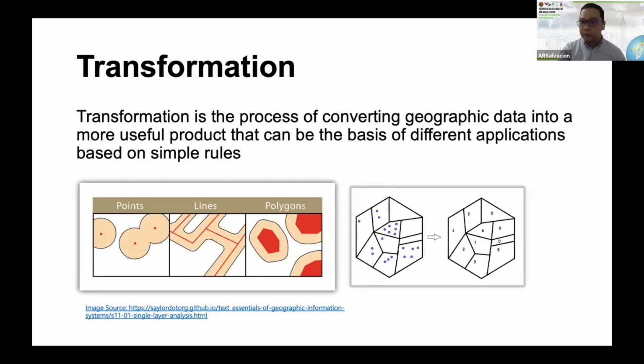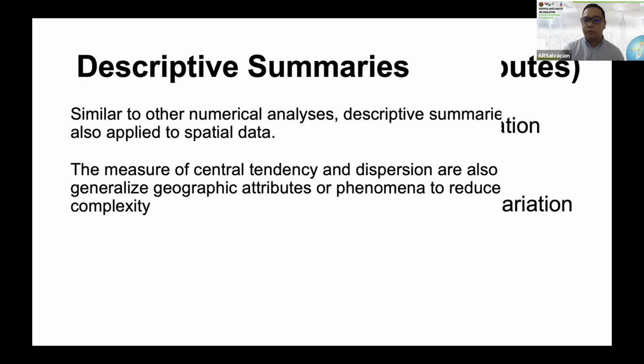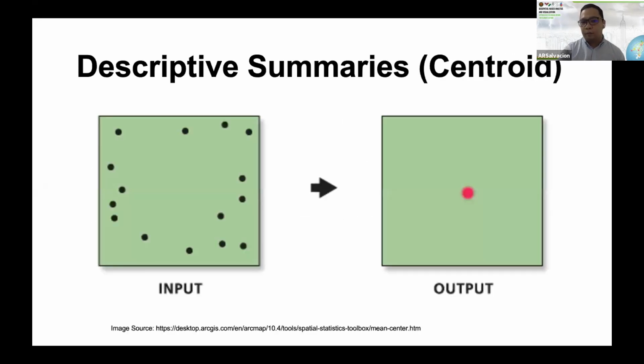to do transformation in GIS. That's what I showed earlier. From environmental data, you could transform it to soil erosion data sets. You could also do descriptive summaries. You could do numerical analysis. So you could measure trends, centroid. Where's the center of, for example, a settlement?